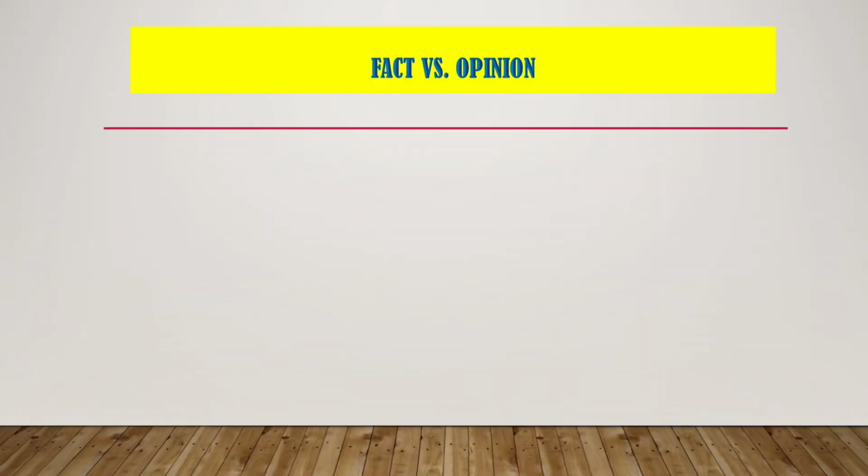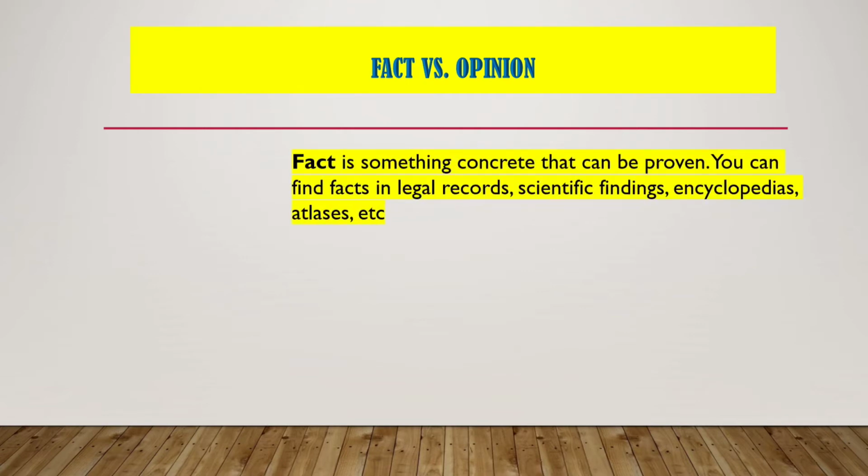Now, what is the difference between fact and opinion? When we talk about fact, it is something concrete that can be proven. Take note of that. You can find facts in legal records, scientific findings, encyclopedias, atlases, etc. In other words, facts are the truth and are accepted as such.